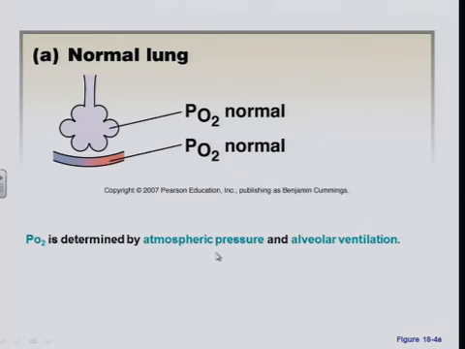So even if we have a normal lung, we can alter alveolar PO2 and we can alter arterial PO2 very easily. Atmospheric pressure, not necessarily easily, but if you want to go climb a mountain, you can do that. Go scuba diving. But alveolar ventilation, you can control that just sitting there. Okay, so by controlling and altering your alveolar ventilation, we can alter alveolar PO2 and our arterial PO2. Okay, so remember, even if we have a normal lung, we can have alterations here.